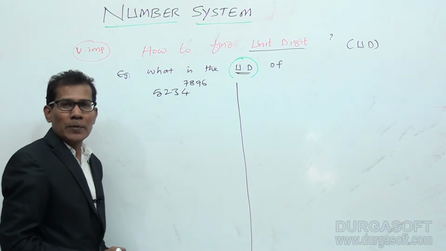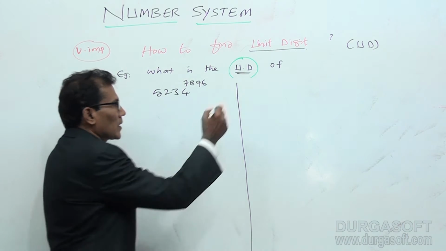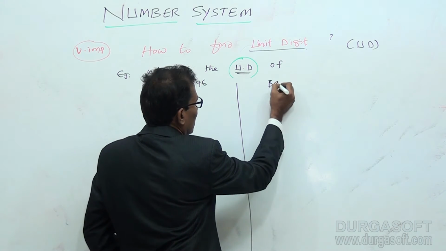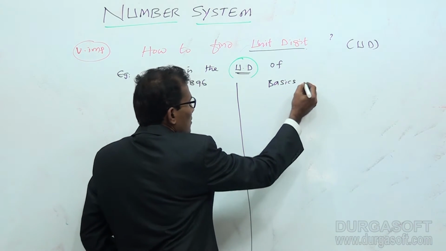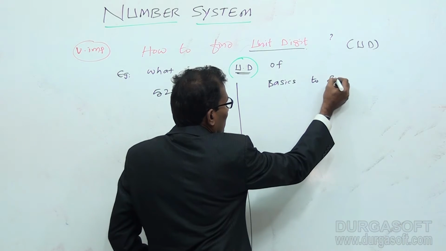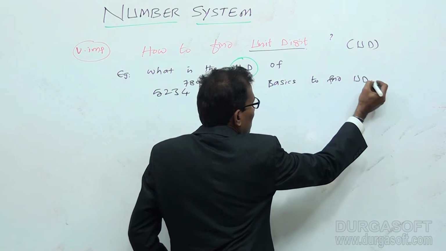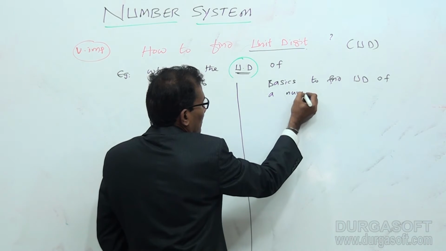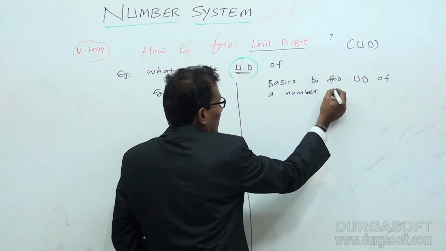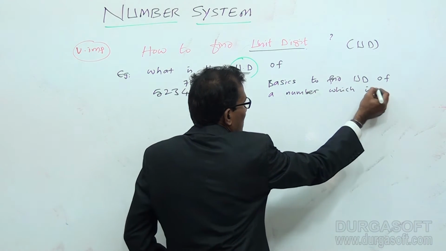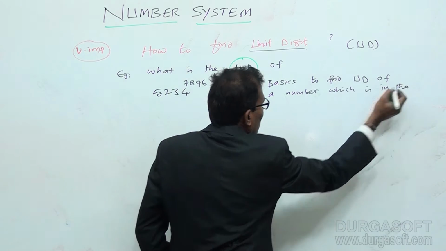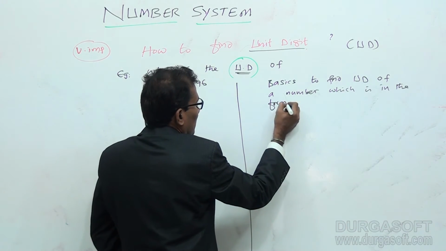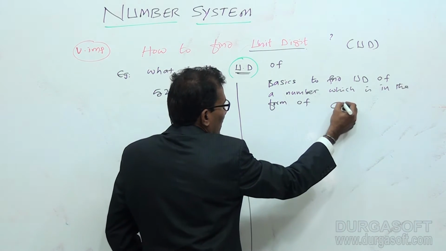To work out these questions, we need to remember a few basics. Basics to find the unit digit of a number which is in the form of a power b.